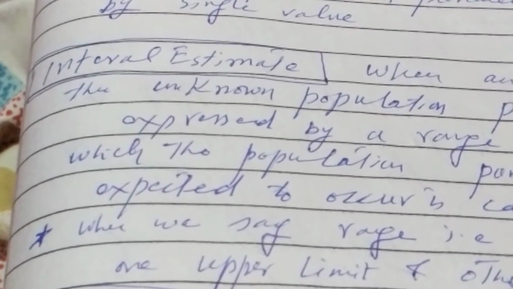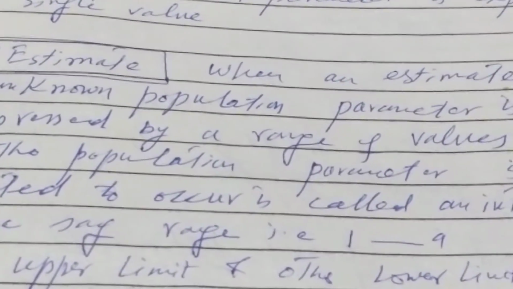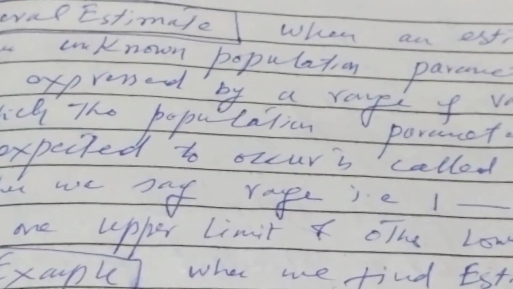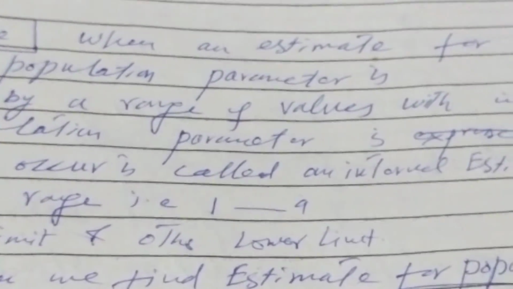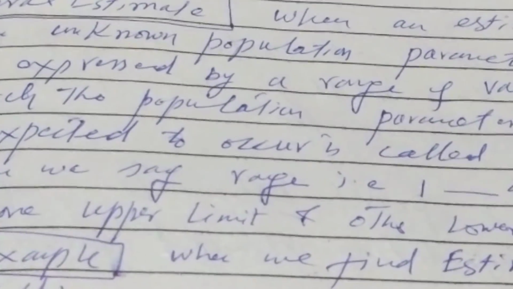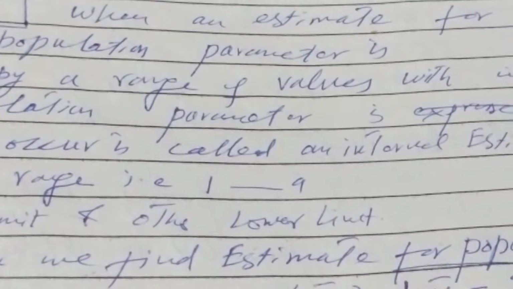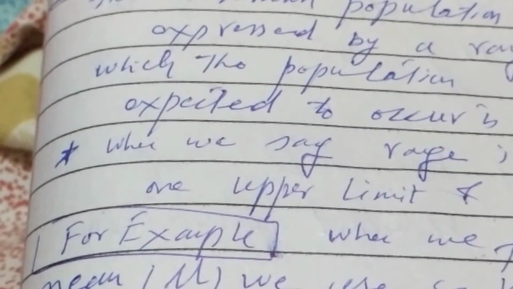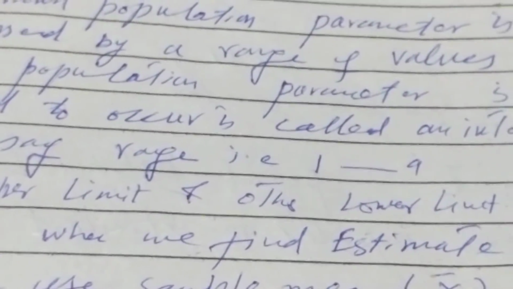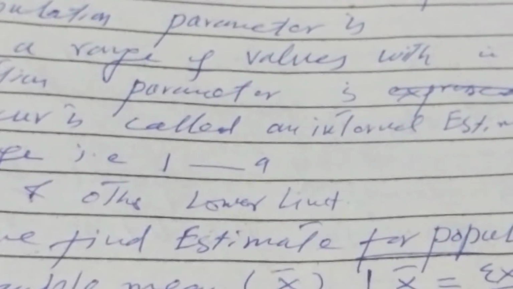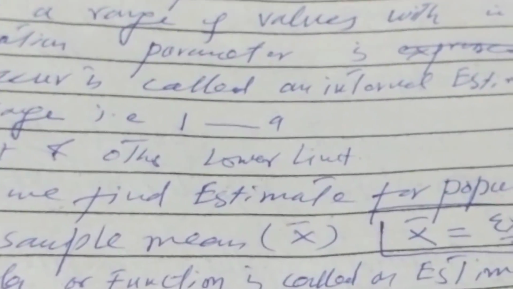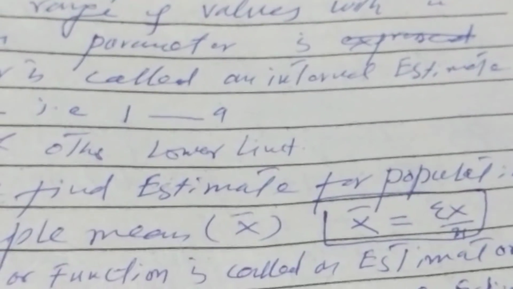Whereas an interval estimate is when an estimate for an unknown population parameter is expressed by a range of values within which the population parameter is expected to occur.